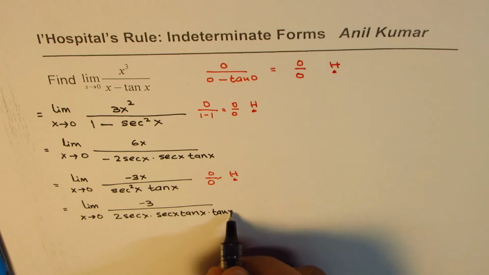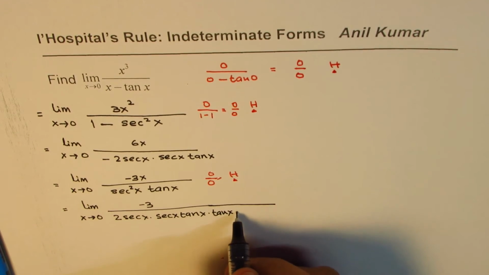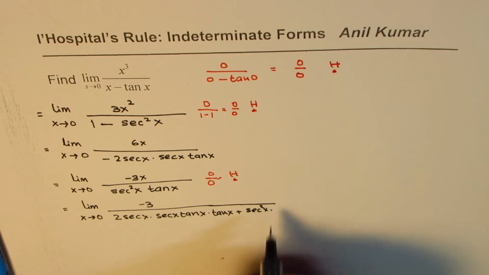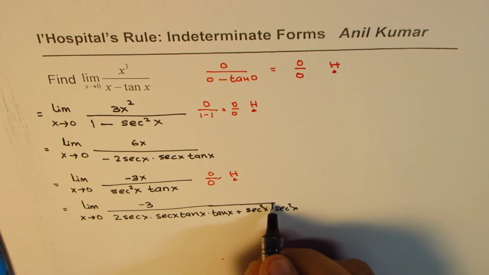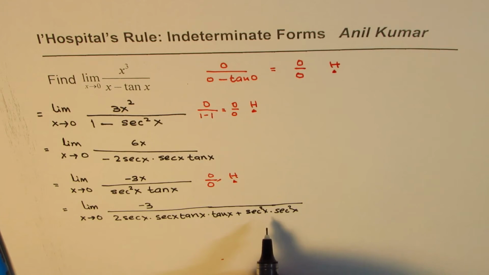Okay, so that's the first part. Plus secant square x times the derivative of tan x, which is secant square x. Okay, so that becomes the derivative.